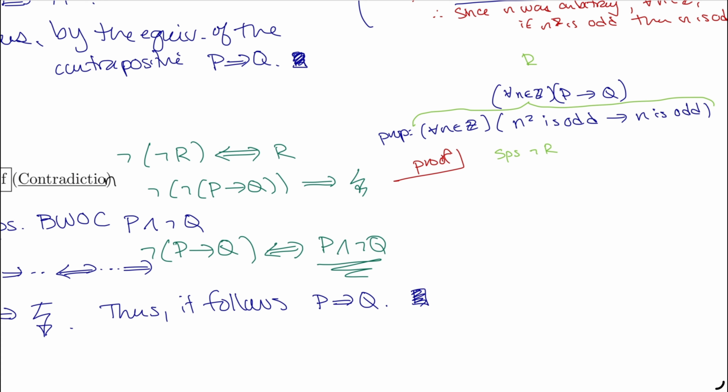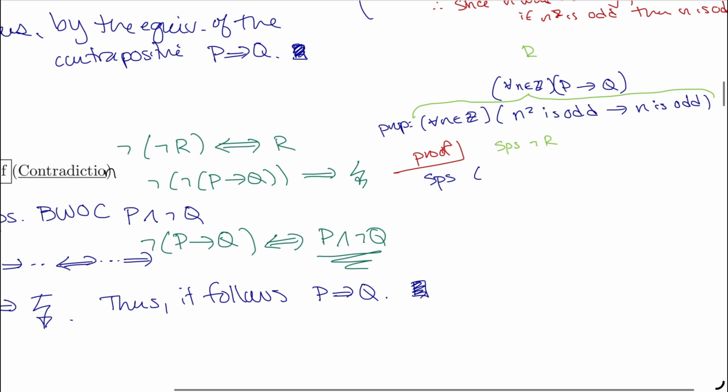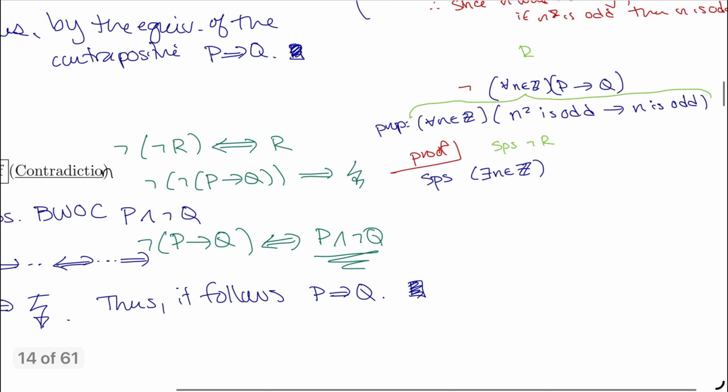So what is not R, right? If I negate this whole thing, I have to first negate the quantifier for all n in Z. Okay, so the negation of the statement R is going to be that there exists an n in Z such that, and now I need to negate this entire statement.